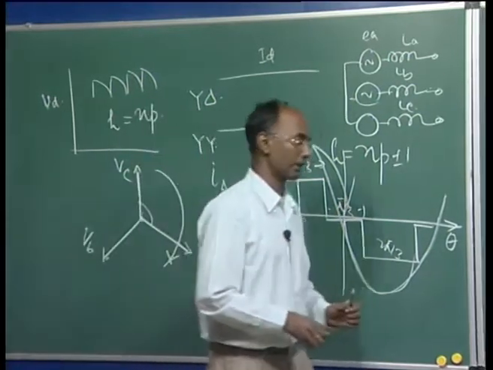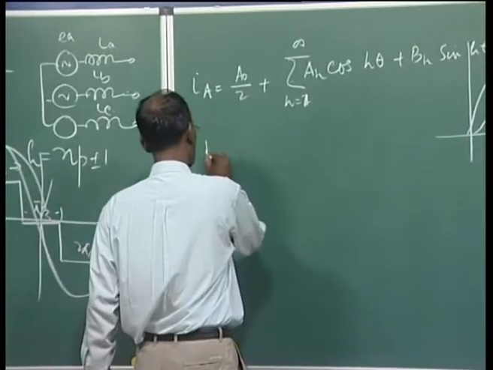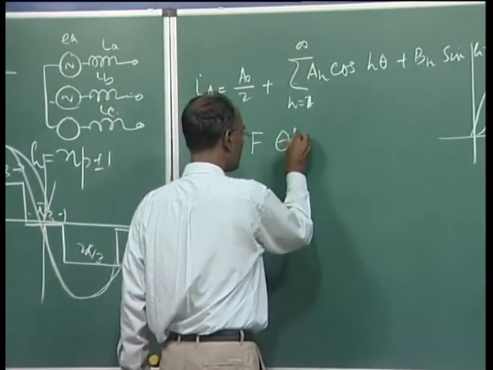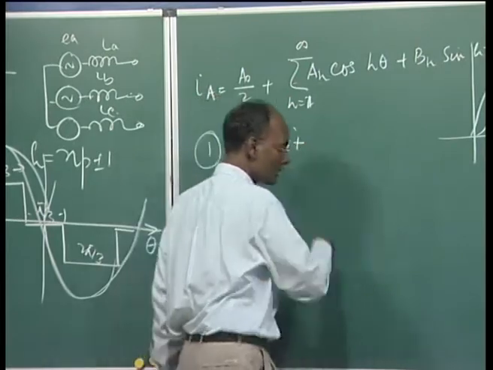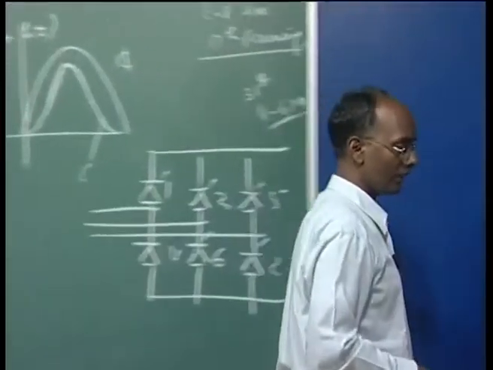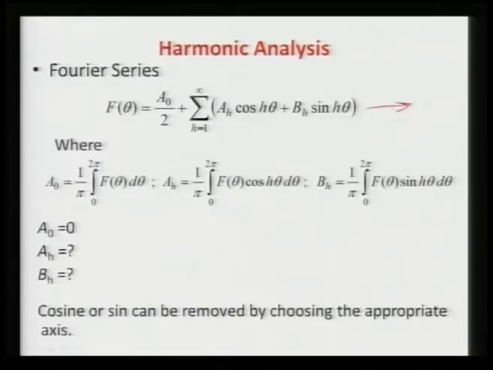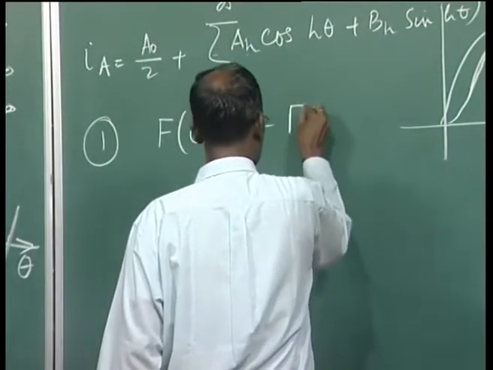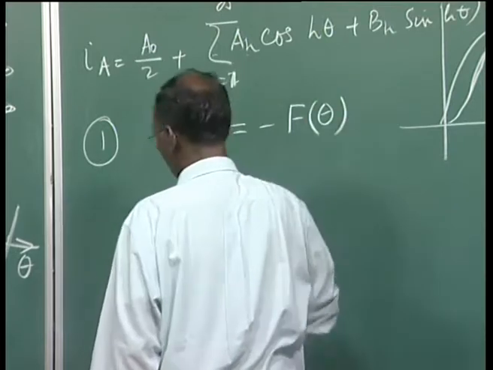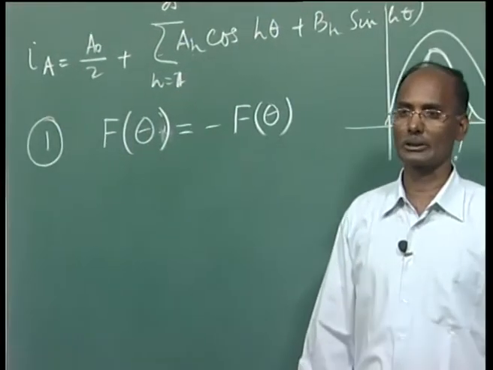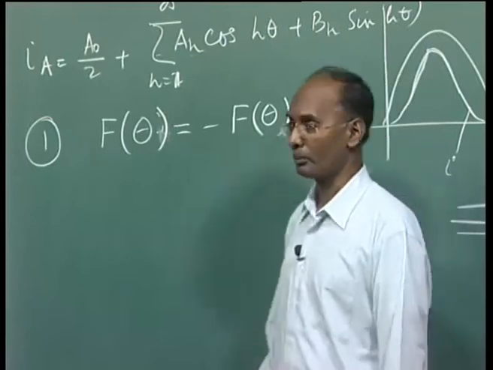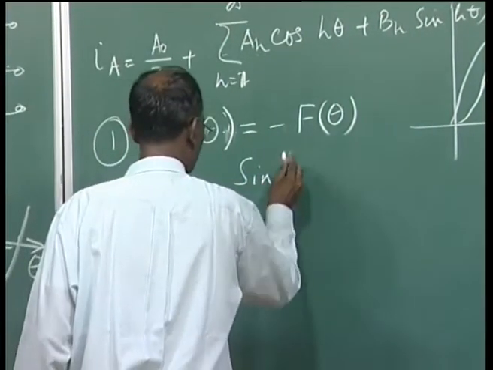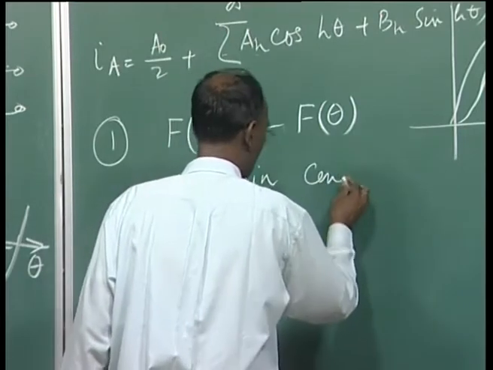There are two properties. Property number 1 says that if f of theta is equal to minus f of minus theta, then there will be only the sine component, and cosine will be absent.